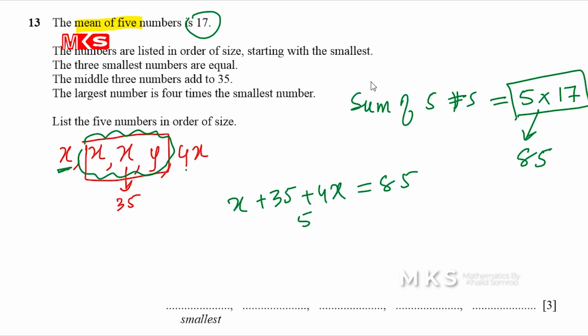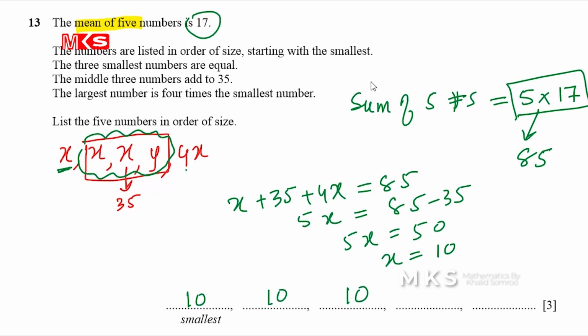So 5x is equal to 85 minus 35. 5x is equal to 50. x is equal to 10. So 10, 10, 10. So this is 20 and this would be 15, because x plus y, x plus y is 35.